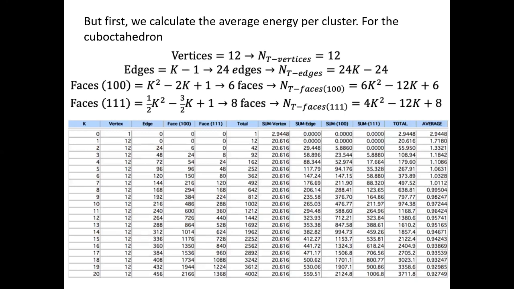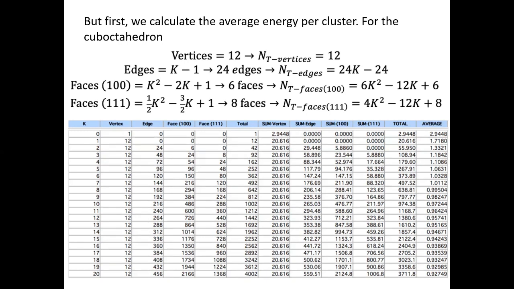Now, this is where our work comes in. I'm happy that this worked out pretty well. We calculated formulas for each kind of atom: a pure edge atom, a pure inside atom, et cetera, right? We know that there are 12 vertices. This is for accounting.